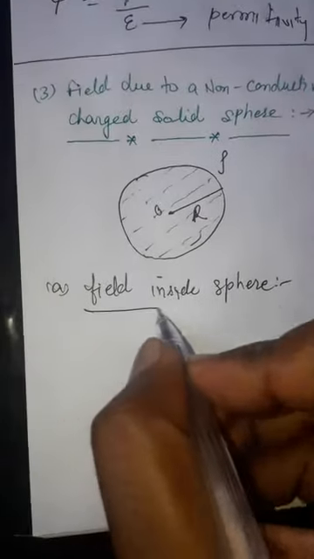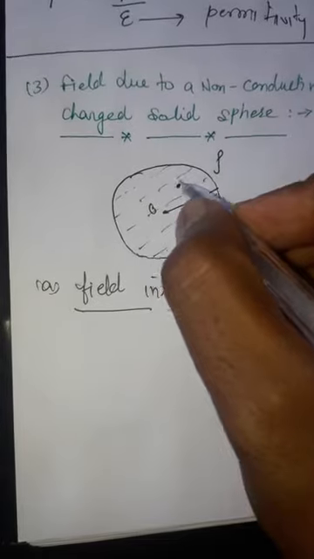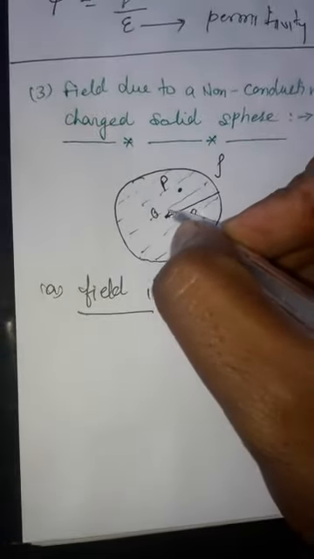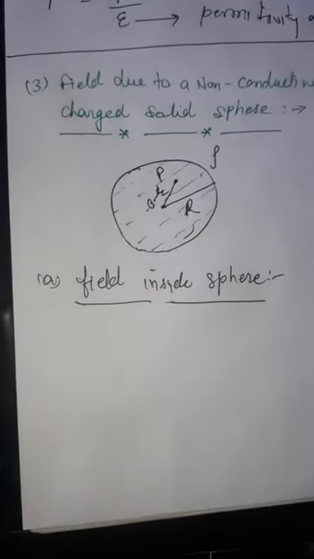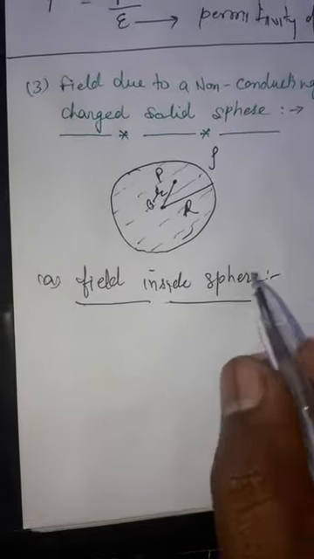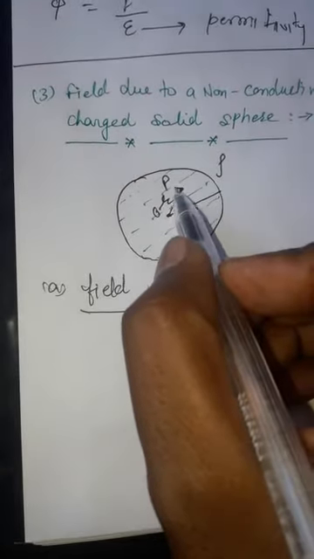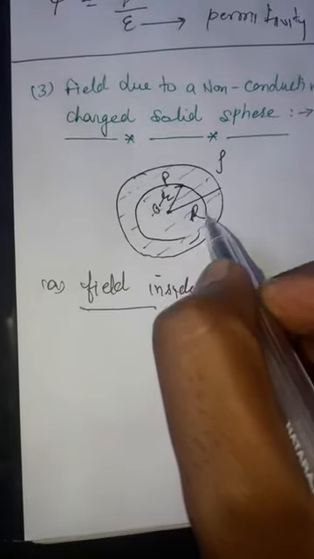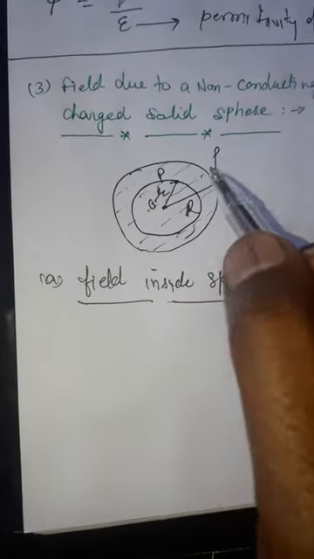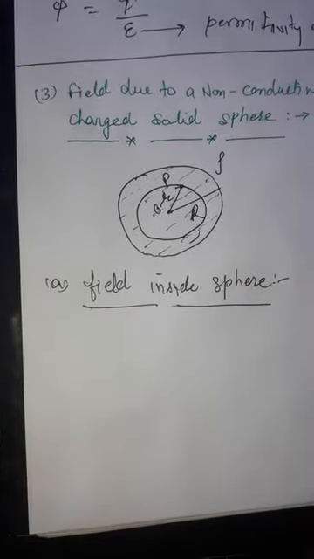For this, let us consider a point P at a distance small r from the center O. Then imagine a Gaussian surface, an imaginary sphere with radius small r, such that point P lies on the surface of this sphere.